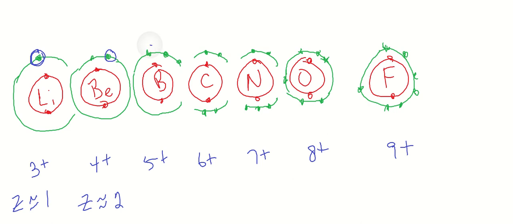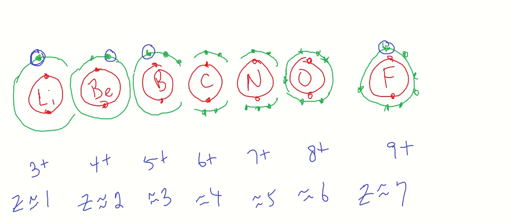Boron has 5 protons, so any one of these 3 electrons is seeing about 3. Then about 4, about 5, about 6, and by the time you get to fluorine, any one of these valence electrons is seeing about 7 protons.